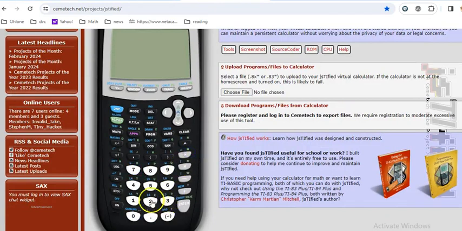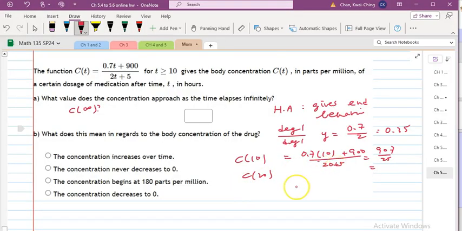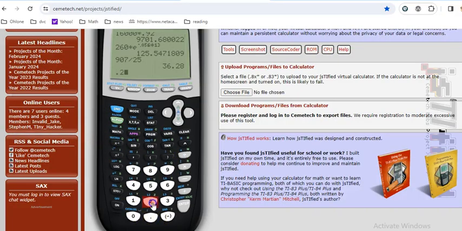907 over 25. That's 36, right? 36 point something. But for 20 hours: 0.7 times 20 plus 900, over 2 times 20, which is 40, plus 5. Is it 0.2?